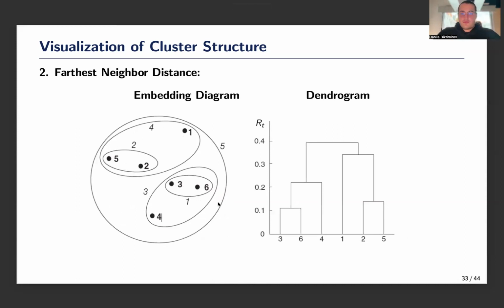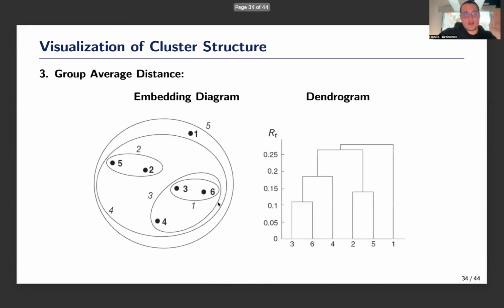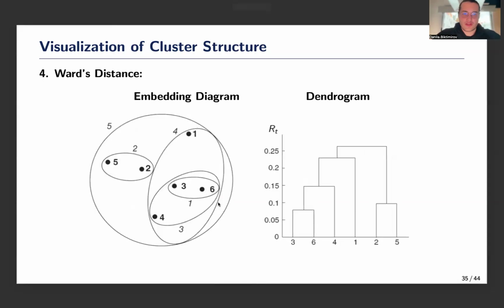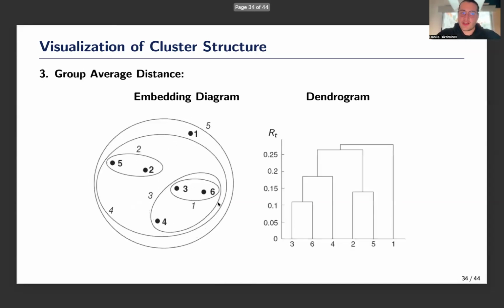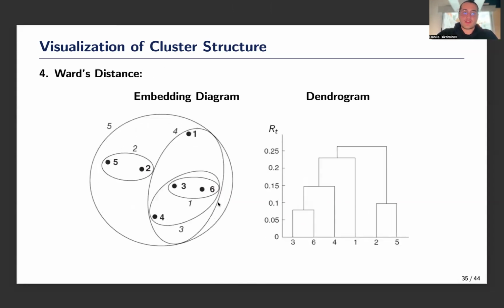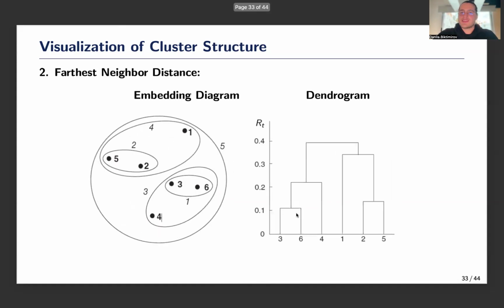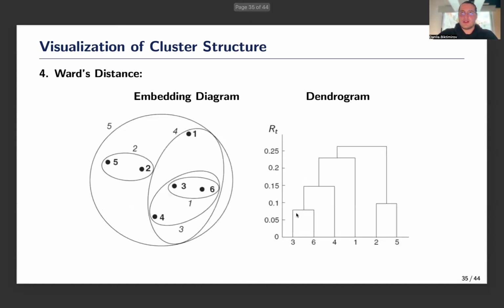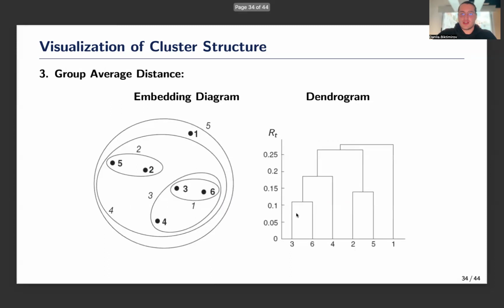It's a bit the same for the farthest neighbor distance, also for group average distance and for worst distance. The main idea is that the different distances have different dendrograms. And as you can see, Ward's distance gives us the prettiest one, because it has less different distances between those clusters.